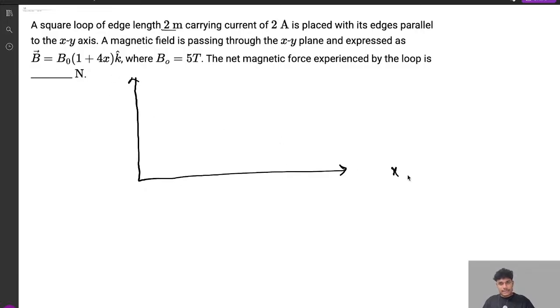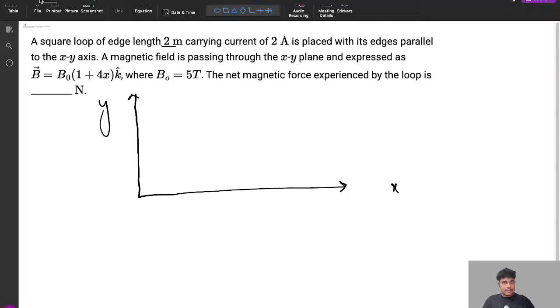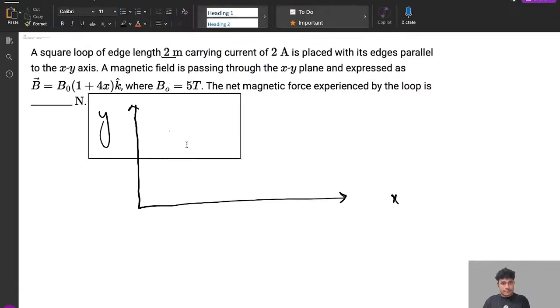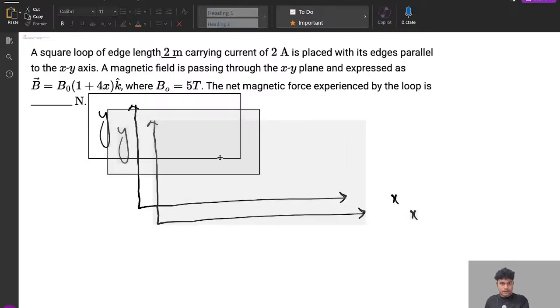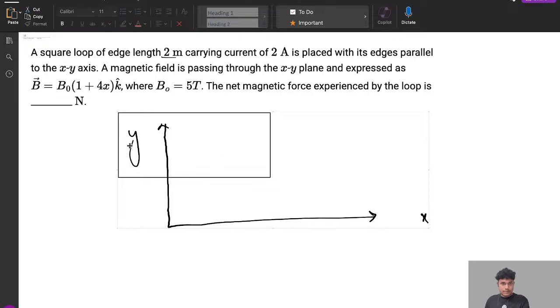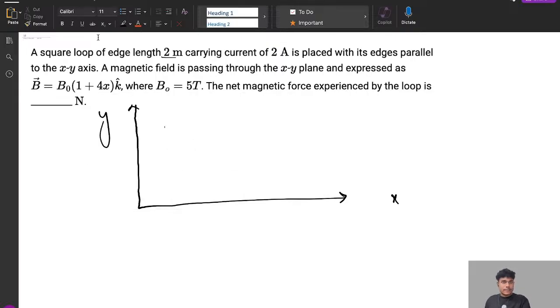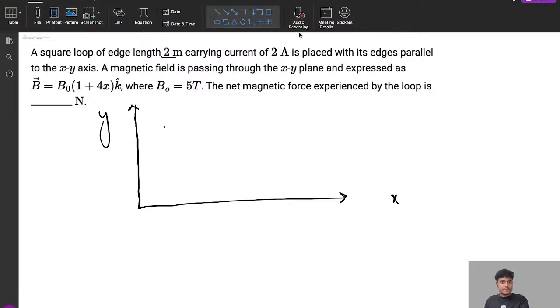There, that is x and this is y. Okay, let me insert this.